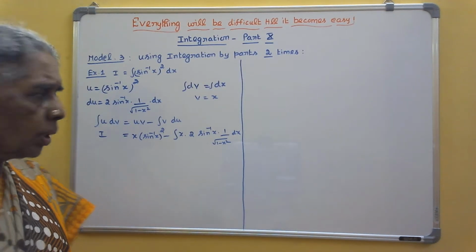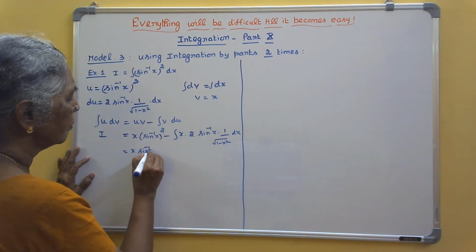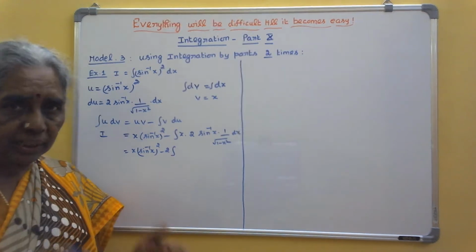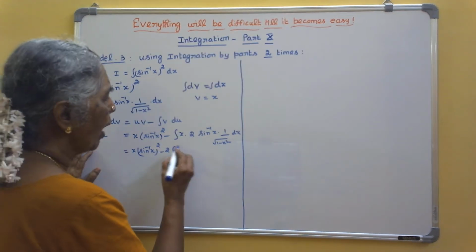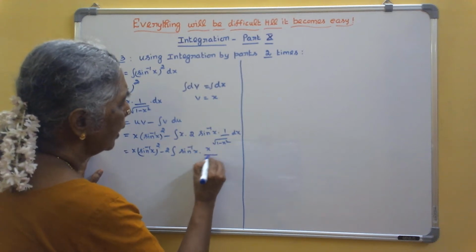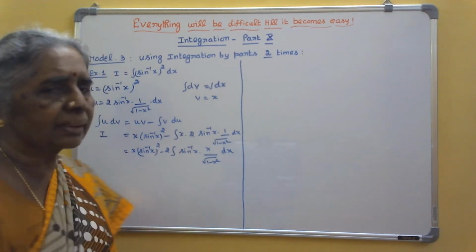Okay. So now the first part let us write as it is. The second part I will take the 2 outside the integral. So I will get actually sine inverse x into x by root of 1 minus x squared dx.